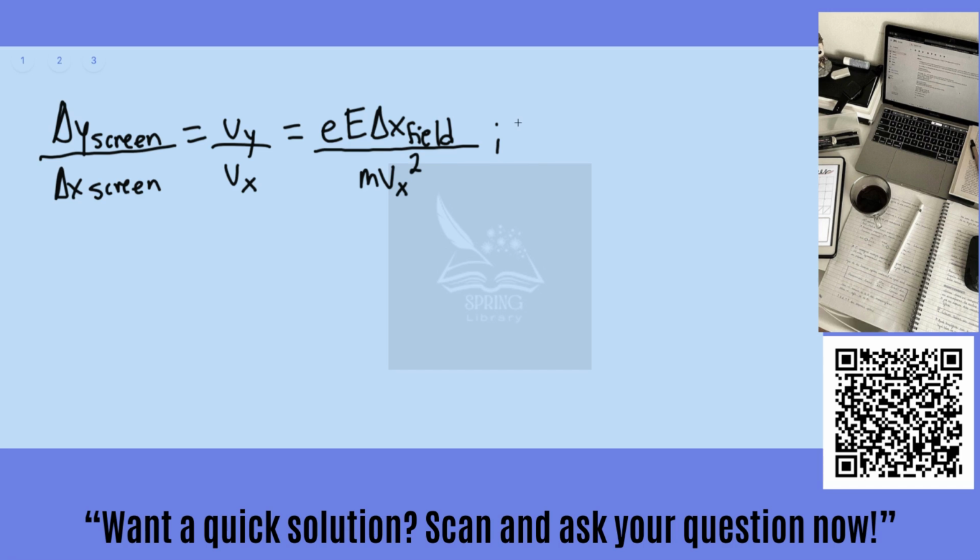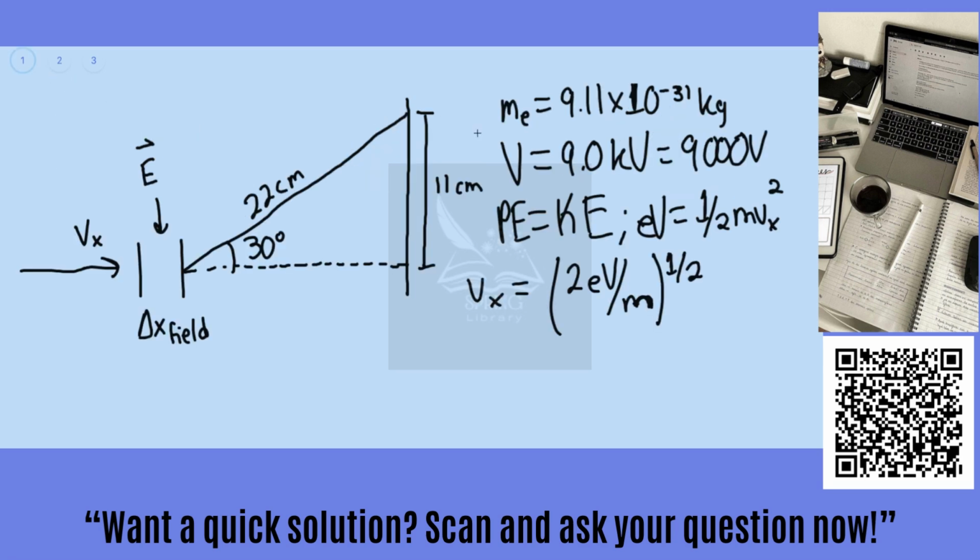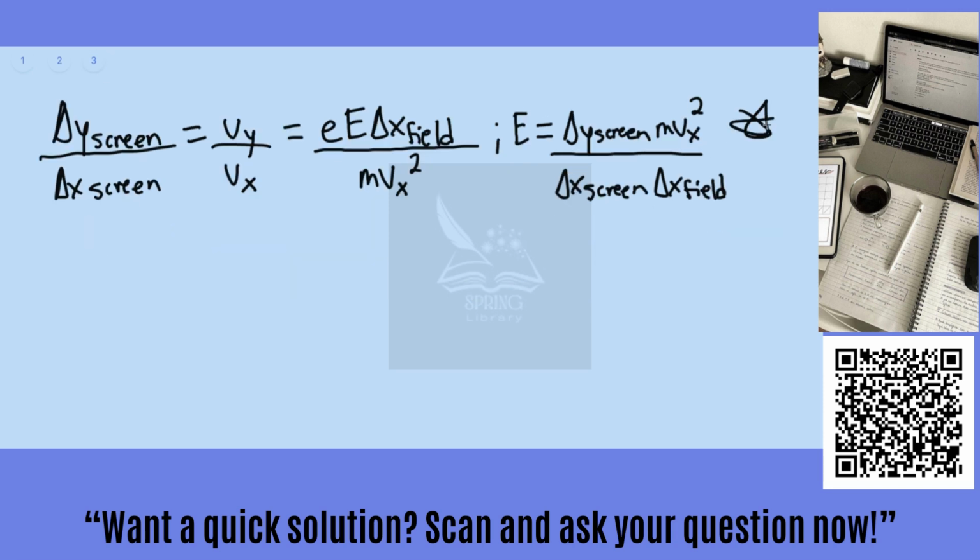So we know that E is going to be equal to delta y of the screen times m Vx squared divided by delta x of the screen times delta x of the field. Now we're going to have to plug in this equation into this equation.